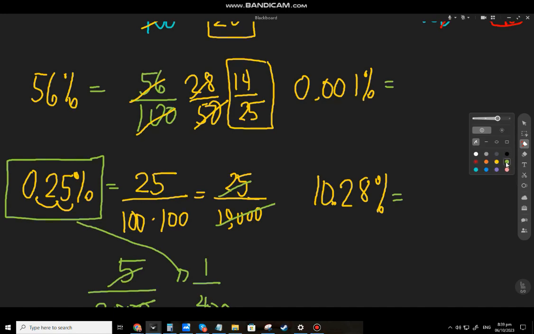0.001%. Now, this one, you have to make it a whole number first, or an integer. 1, 2, 3. So 3 times. Remember, 3 times. Remove the percent sign and put the 100 in the denominator, and you have to multiply it by 1,000. If you have moved the decimal point by 3, then you have to multiply it by 1,000 in the denominator.